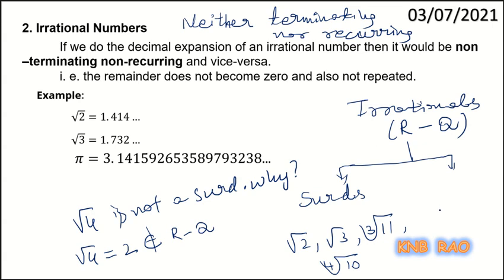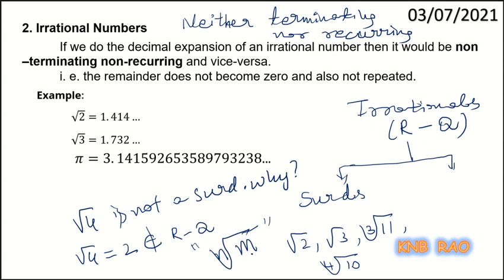Now, surds are irrational numbers which are of the form nth root of m.